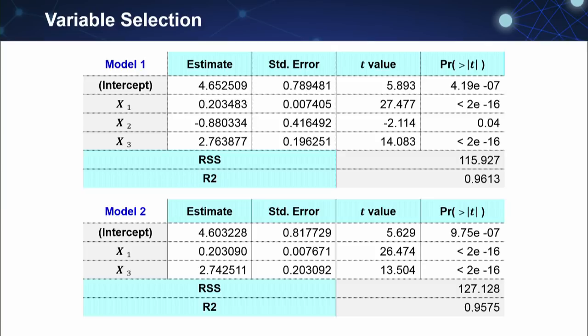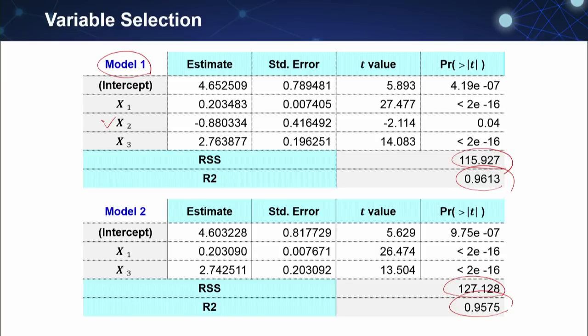Actually, the analysis results show this. Model 1 with x2 has an RSS of this amount and an R square of this amount, but model 2 without x2 has a higher RSS and lower R square.